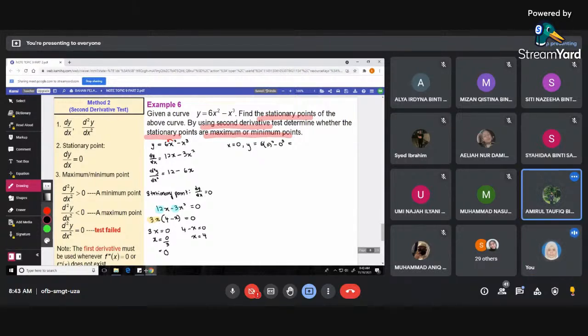Kosong. Koordinat pertama kosong. Okay. And then yang kedua x equal to 4. Bila kita masuk 6 darab 4 kuasa 2 tolak 4 kuasa 3, apa jawapan dia? Siapa pandai?